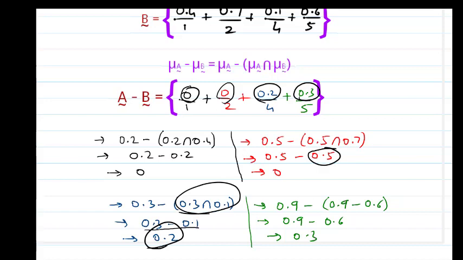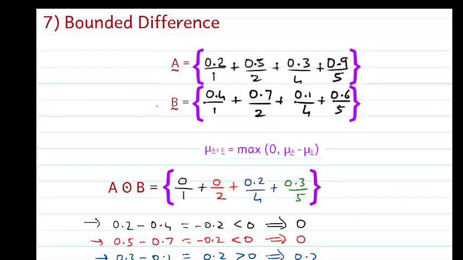Then the next operation is bounded difference. In bounded difference, we take the difference of the two, and if the difference is negative we write 0. If it is not negative, then we write that particular value. The first value is 0.2 minus 0.4, which is minus 0.2, less than 0, so we write 0.